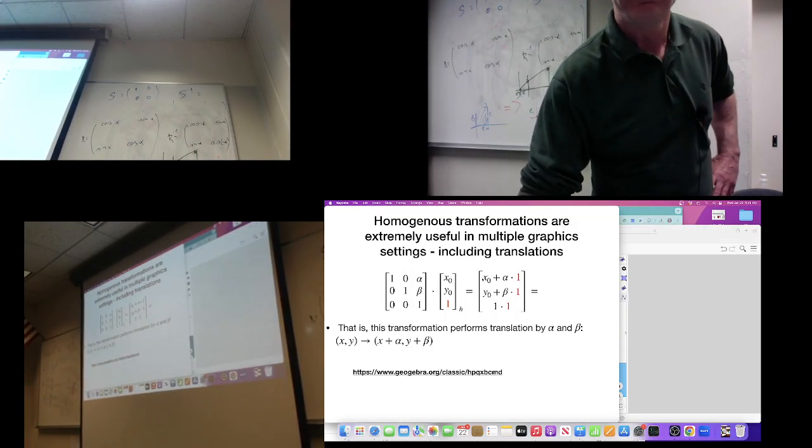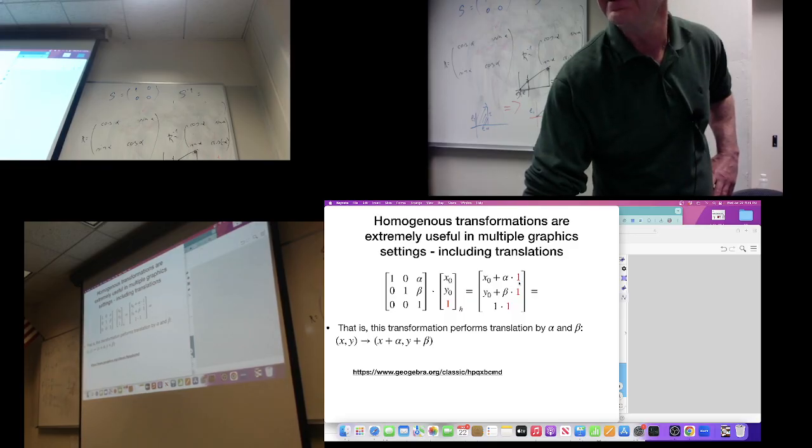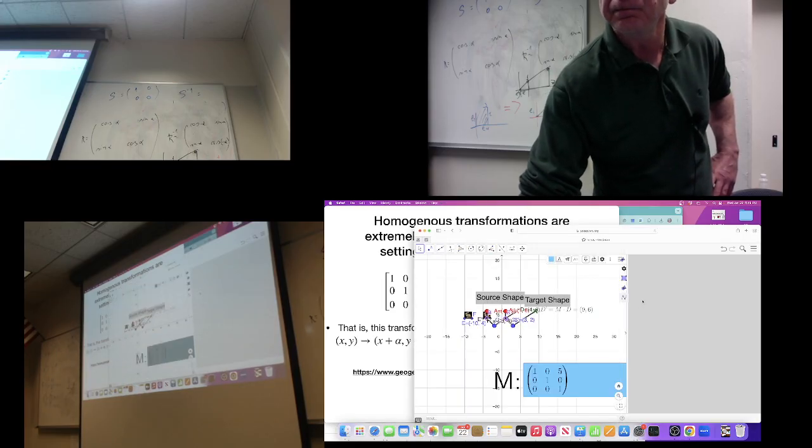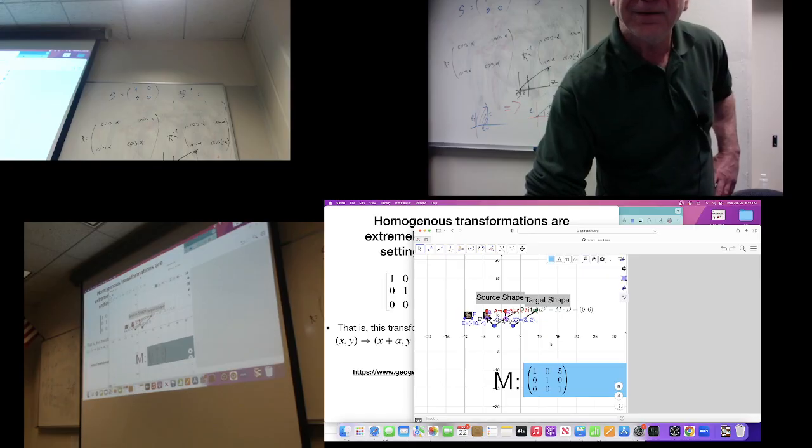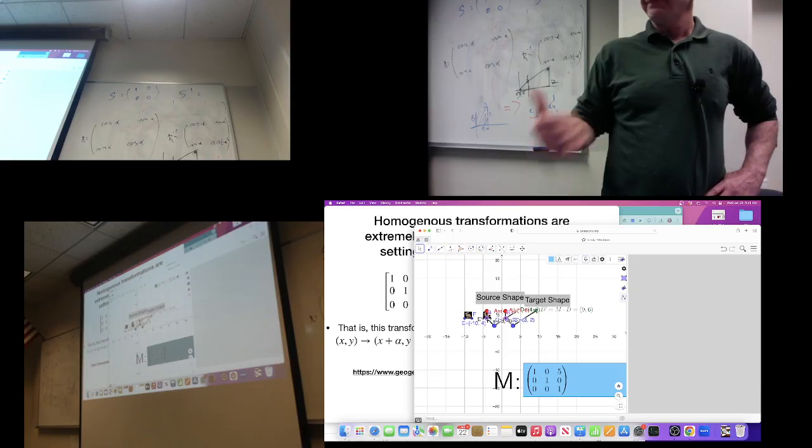Look at this formula. I change this value to 5, so the result would be that I'm shifting the point into x plus 5, a constant. The beta was 0, so I shift all the points now by 5 to the right.